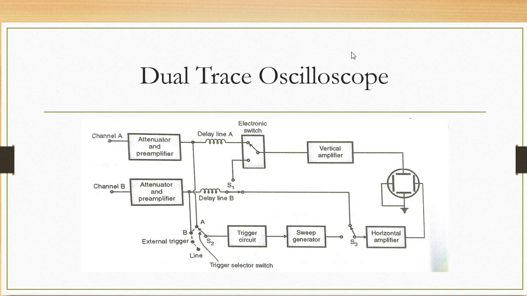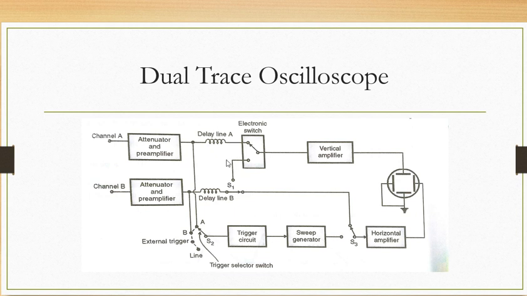Now the electron switch can operate in different modes. If you see this electron switch, it can operate in different modes depending on the front panel control. You can use it in different modes named alternate mode and chop mode.